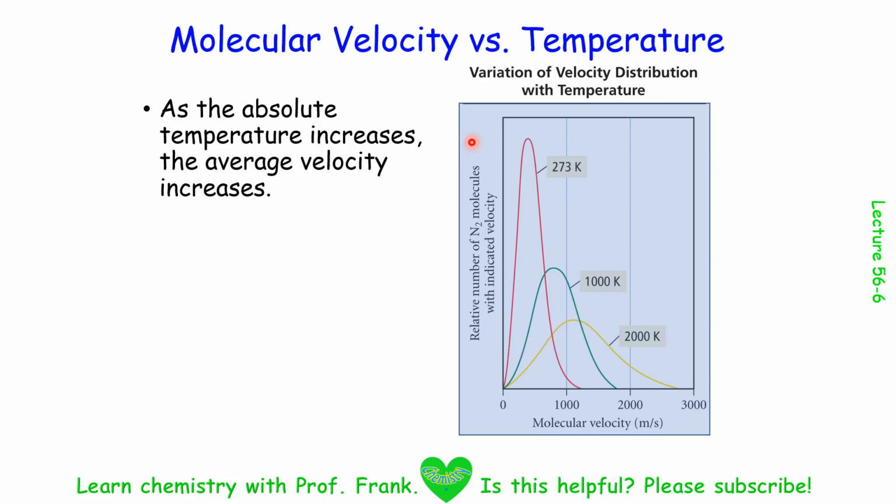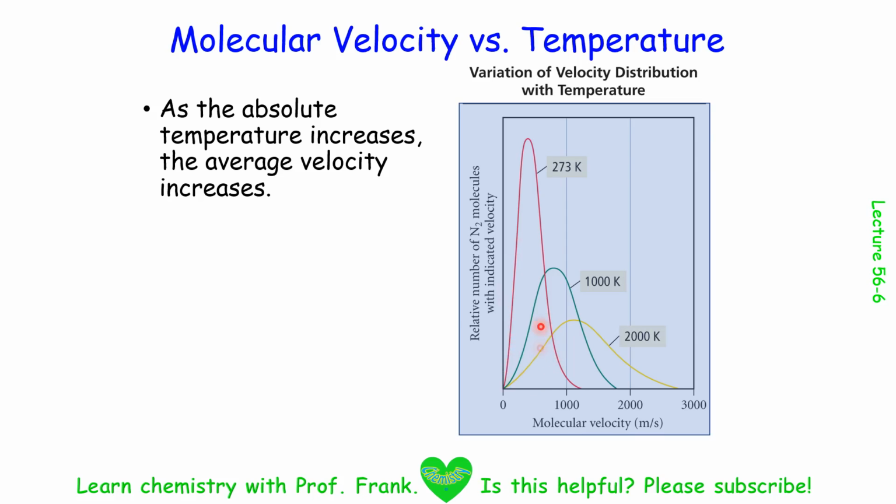Now let's look at the relationship between velocity and temperature. We already said a while ago, the velocity is directly proportional to the absolute temperature. So as you can see, this is the velocity of the gas, and here is the relative number of hydrogen molecules with the indicated velocity.